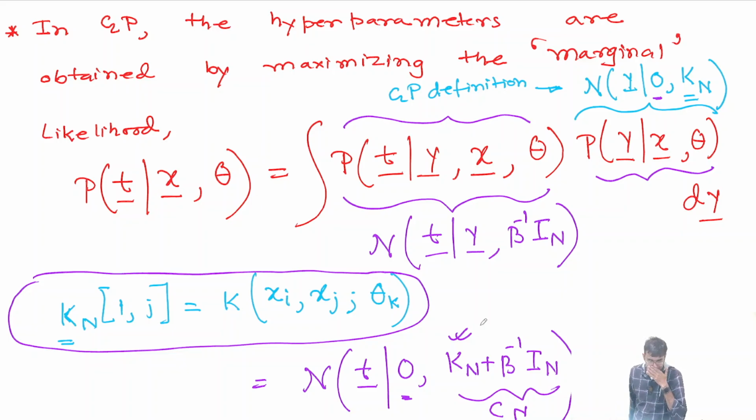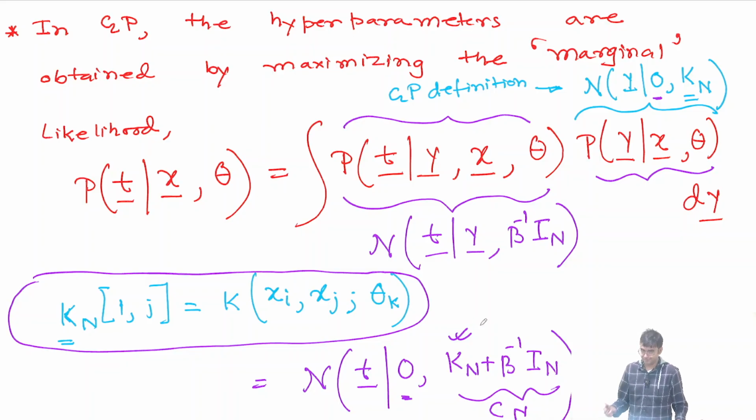I have 5 minutes, so I don't think we'll go to prediction today, but we will do some simplification. Is everything fine till now? Is there any question? Yeah, go ahead. How is this a marginal likelihood? Because y has been integrated out. y was unknown, so I have integrated it out, and y is now no longer in the picture.